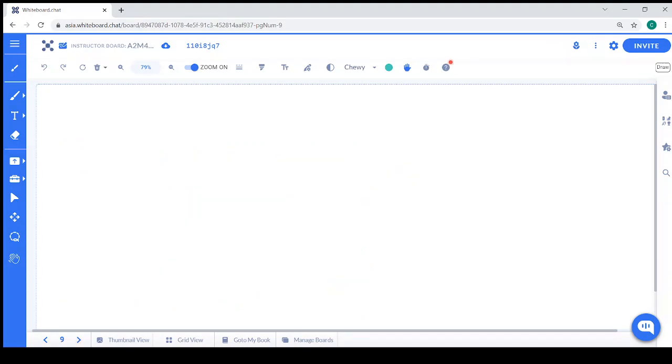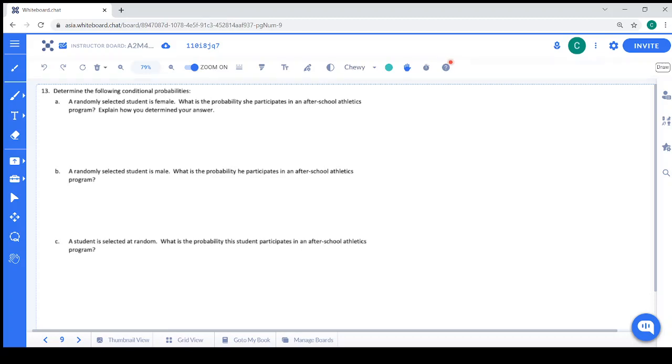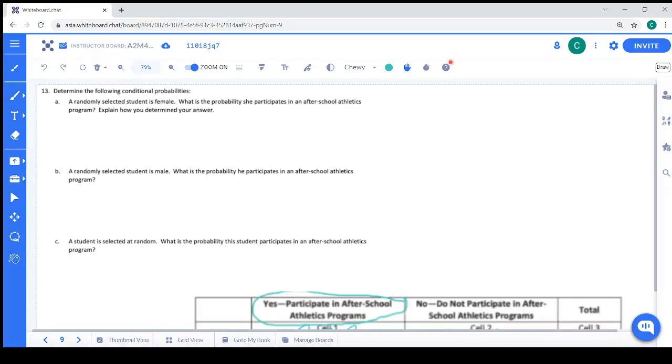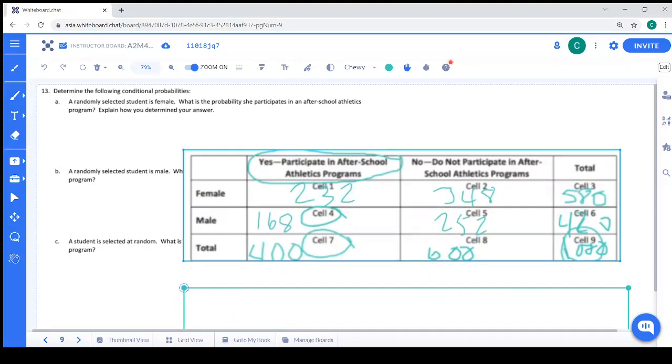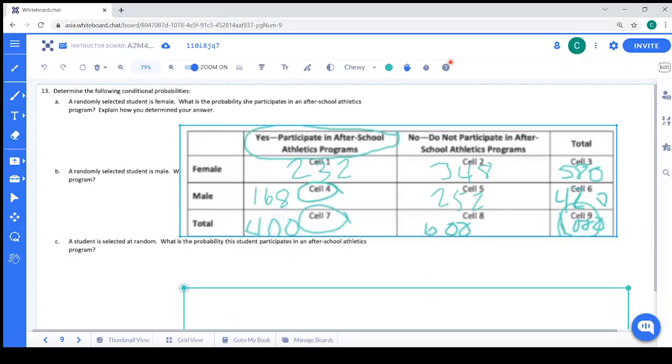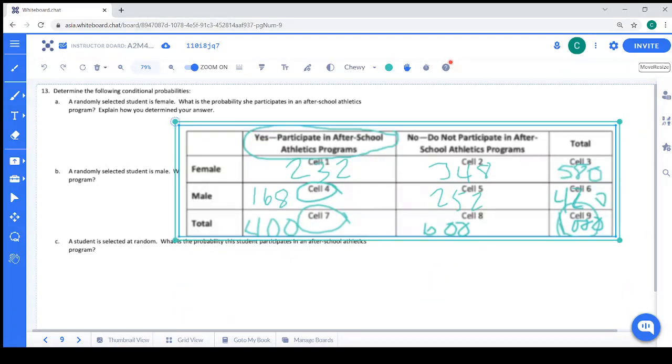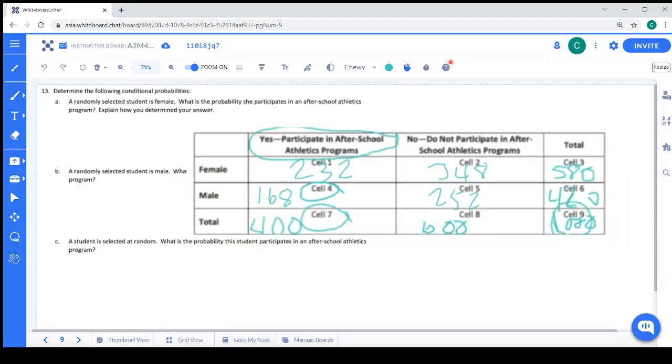Okay. Page 9 says, determine the following conditional probabilities. A randomly selected female student, what is the probability that she participates in an after-school athletic program? All right, I think I still have my chart here that I can paste in. All right, so let's see what they are actually wanting here.